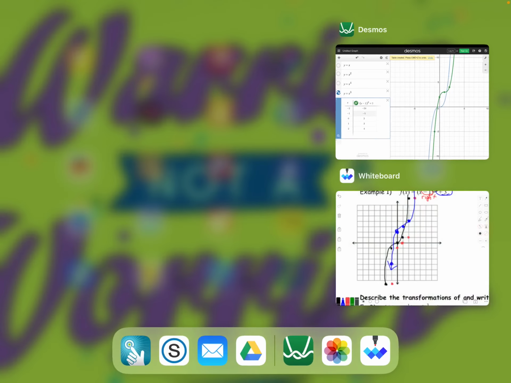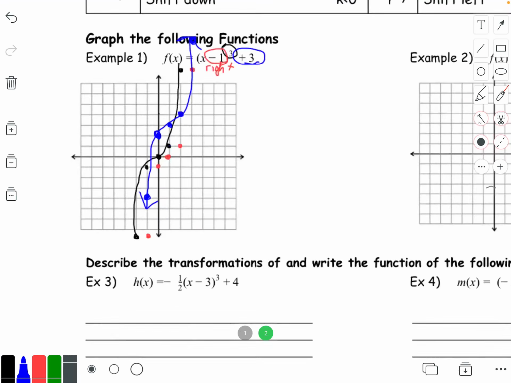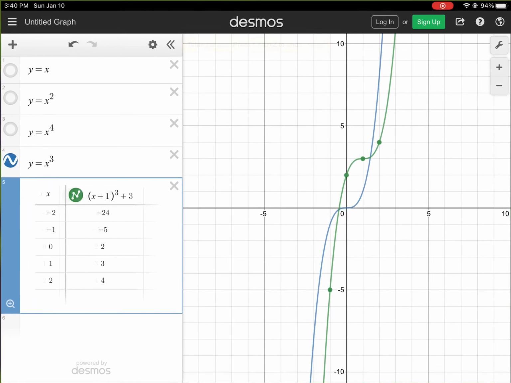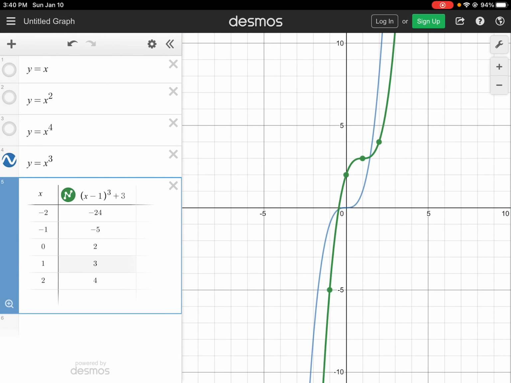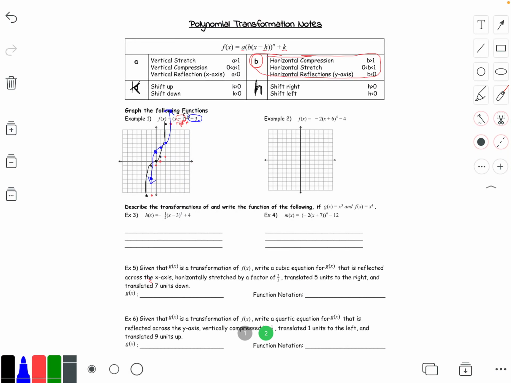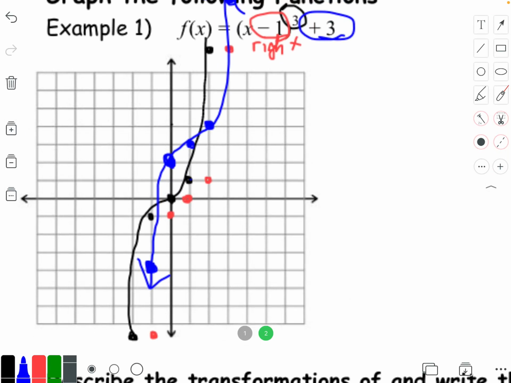We had -1, -5, so let's look at -1, -5 right here. And we had 1, 3, and 2, 4. So 1, 3 here, and 2, 4 right here.